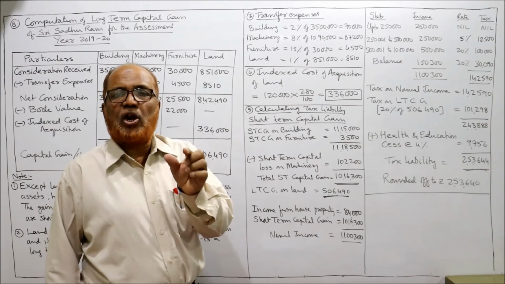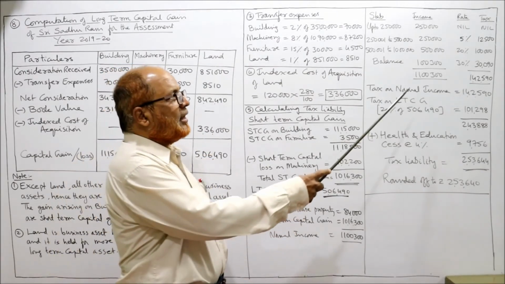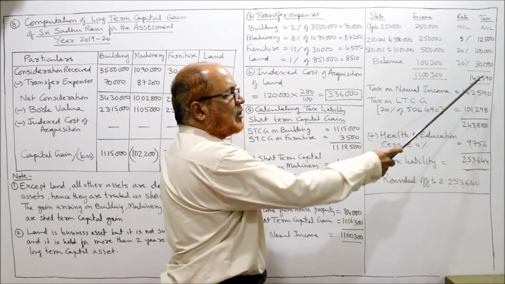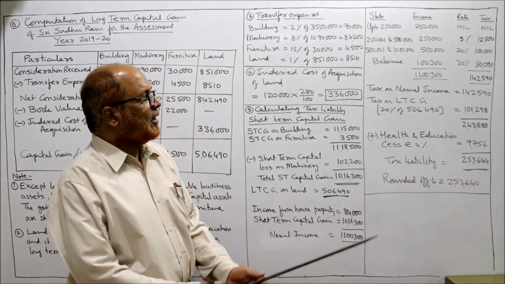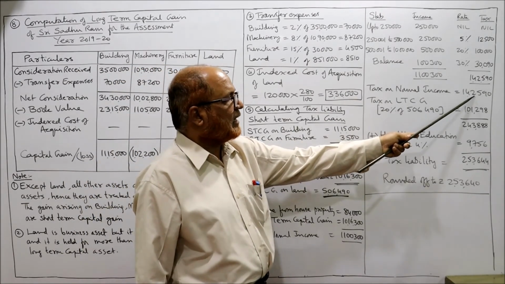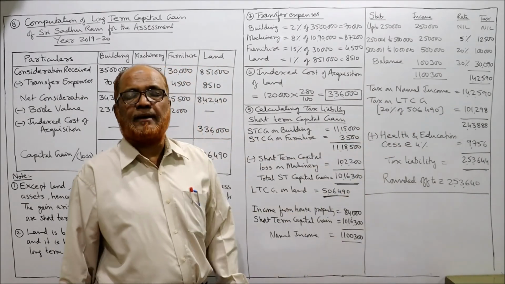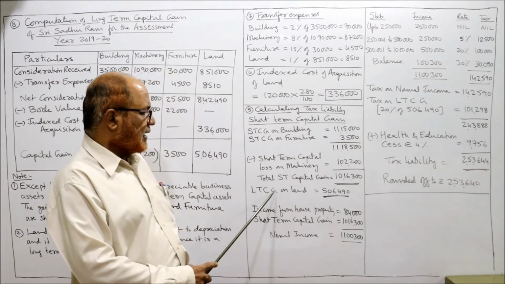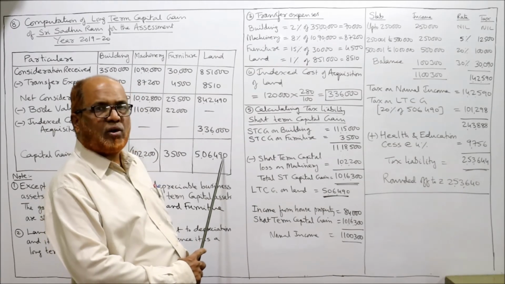That means on a normal income of 11,300,000, the tax is 1,42,590. Now tax on LTCG, long-term capital gain. LTCG is 5,06,490.